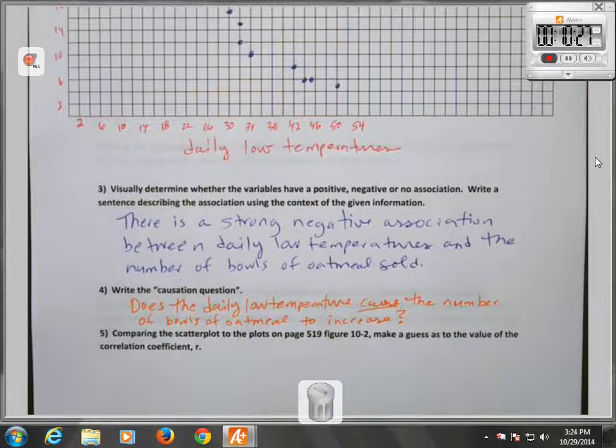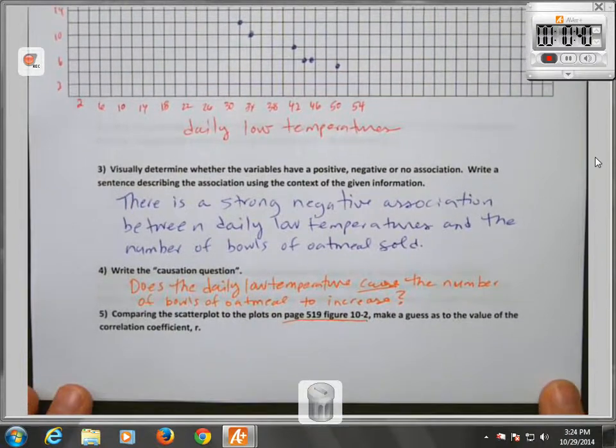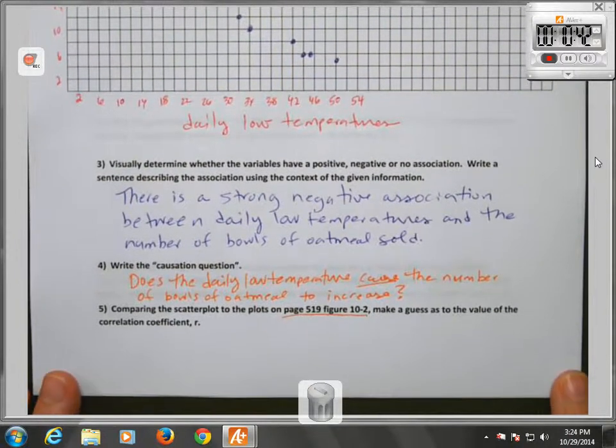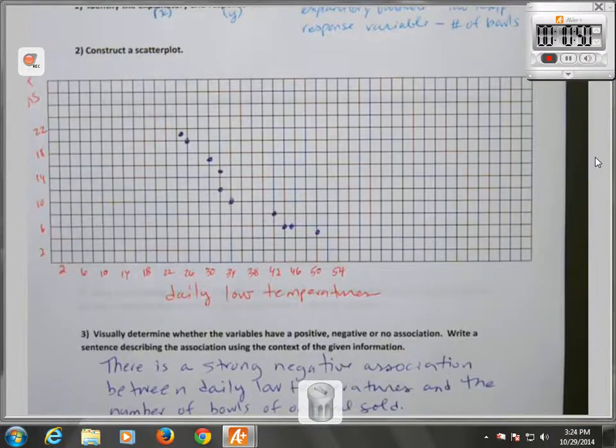Okay, the next part of the question asks us to look at some plots on page 519 in your textbook. If you don't have your textbook with you at the moment, we did look over these in class and discuss what those R values mean. Basically, when you have a negative association like this one, that means our correlation coefficient R is also going to be negative.